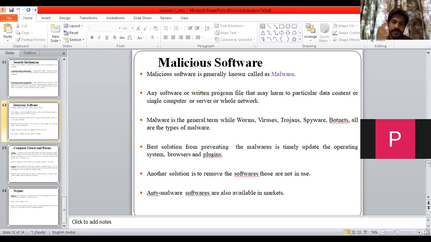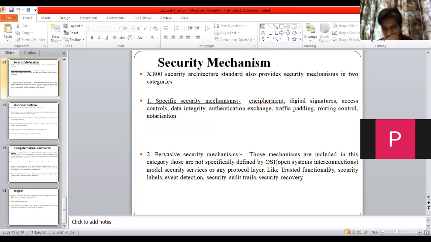As I told you, this is the basic introduction. Whatever we are discussing here in the first unit, we will discuss in detail in the rest of the units. For example, I'm just moving back. For example, encipherment, so cryptographic techniques we will discuss in detail.